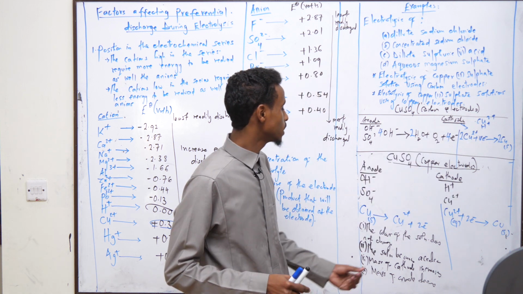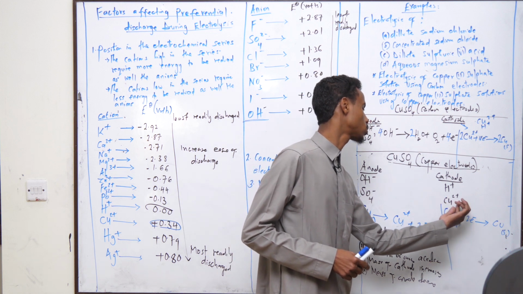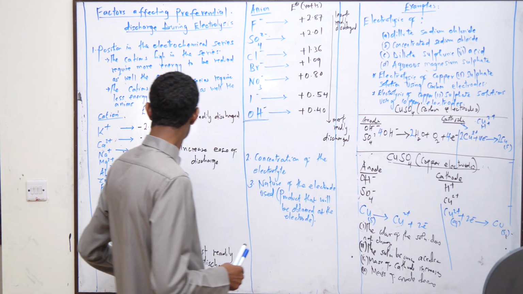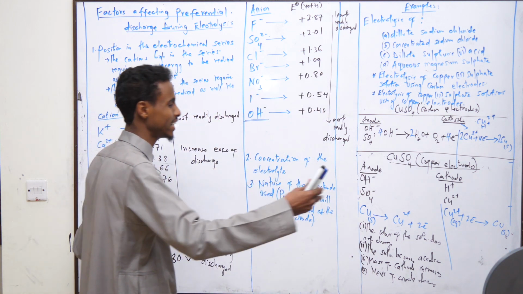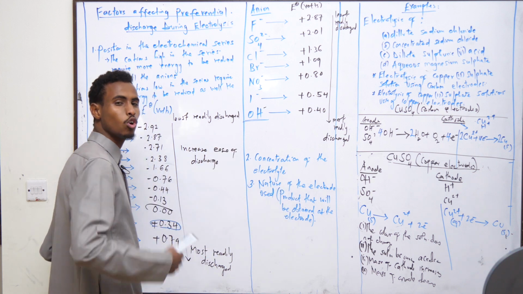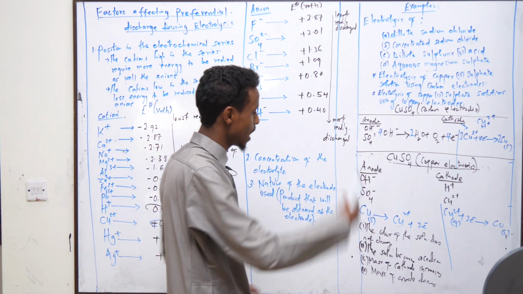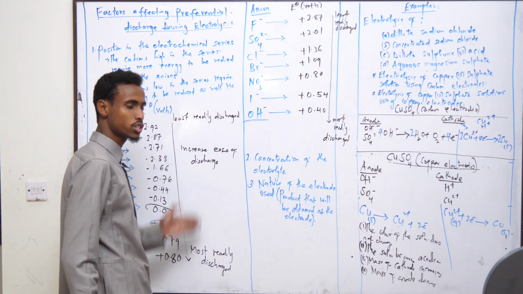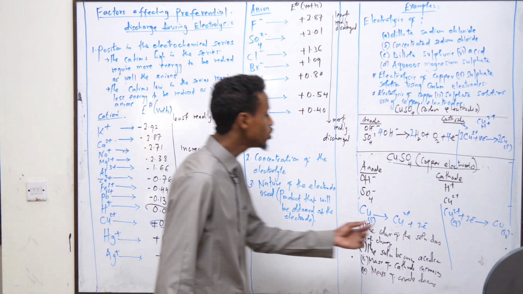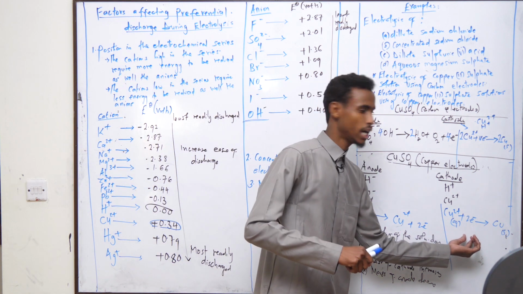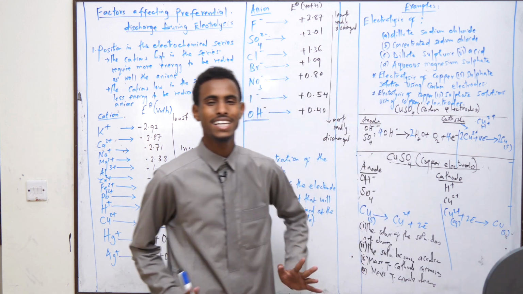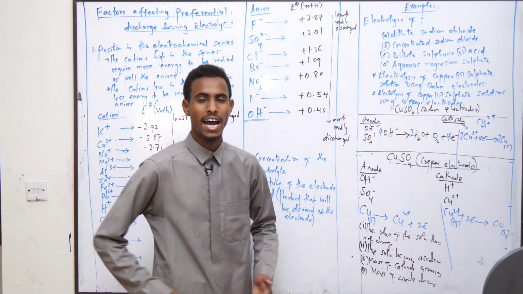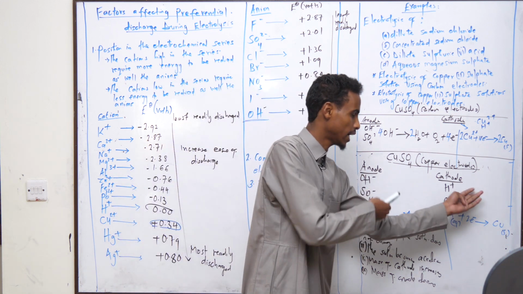Why? Because the copper 2 ions and the hydrogen ions migrated to the cathode. Because the copper 2 ions have a higher tendency of gaining electrons, or rather are more readily discharged as compared to hydrogen, based on the electrochemical series, they undergo reduction and form copper solid that gets deposited as a red coating on the cathode, therefore explaining the mass increase at the cathode.